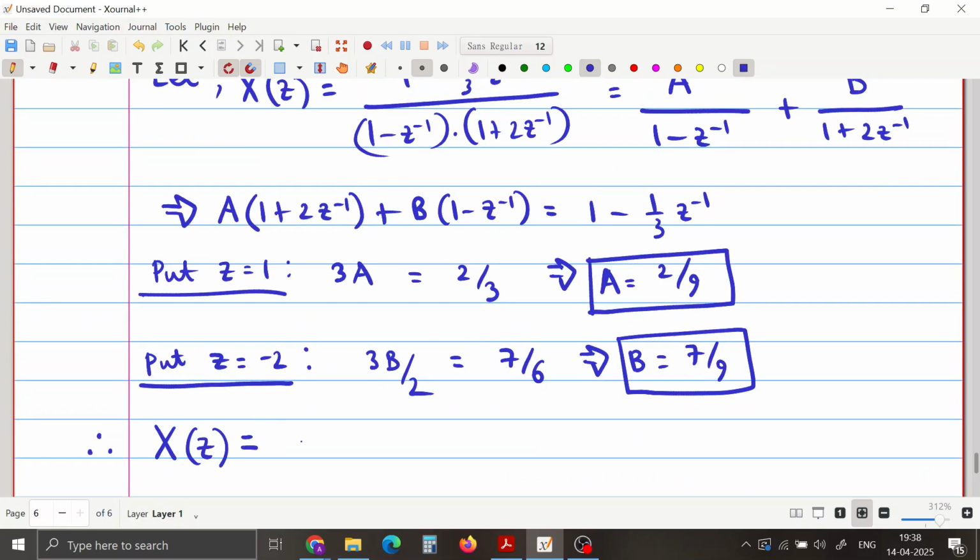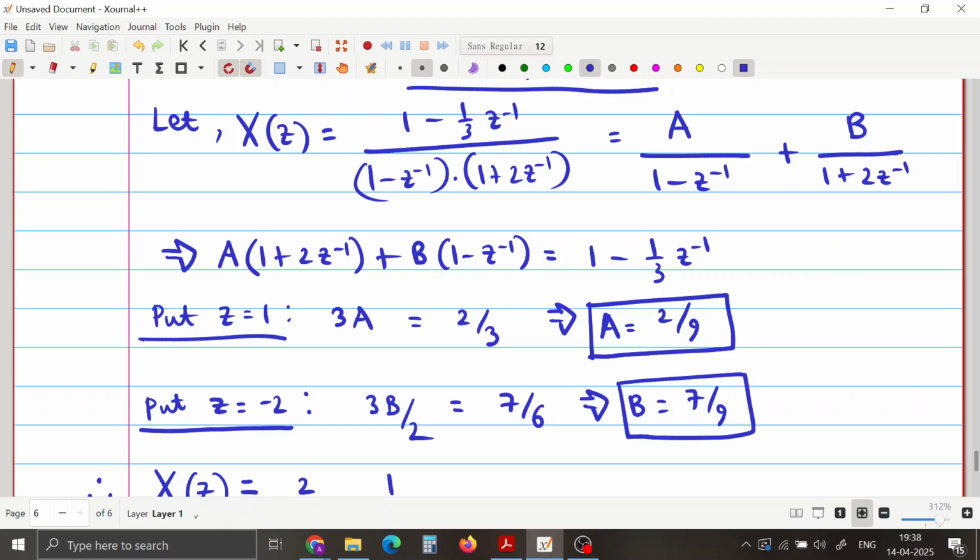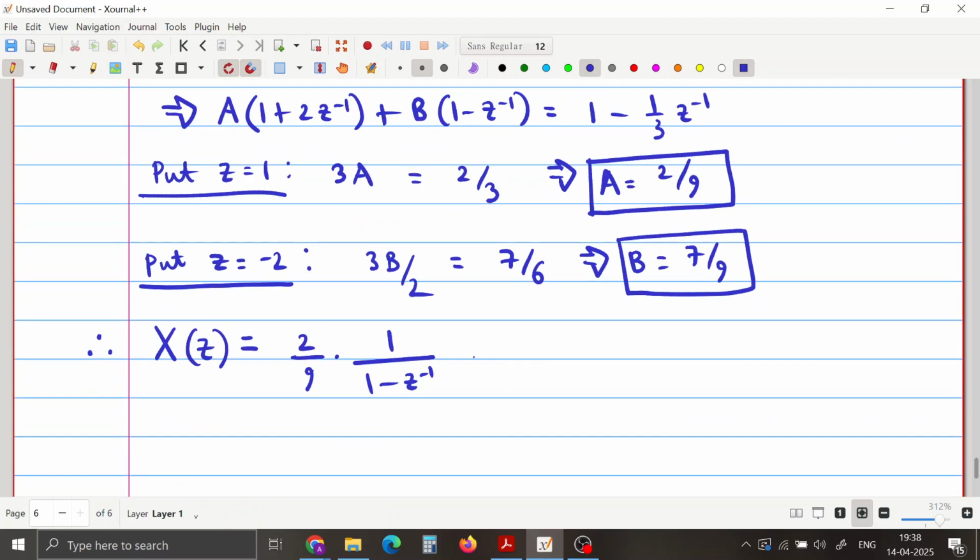So I just figured out a, which is 2 by 9 into 1 by 1 minus z inverse, plus b by 1 plus 2 z inverse, where b is 7 by 9, 7 by 9 into 1 by 1 plus 2 z inverse.